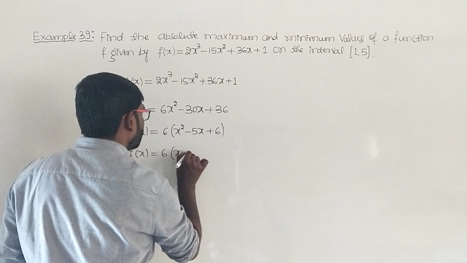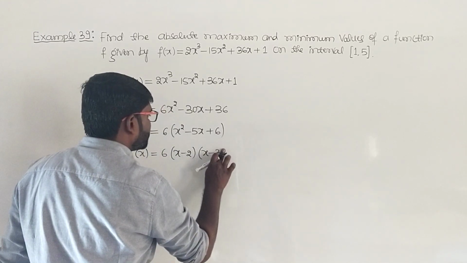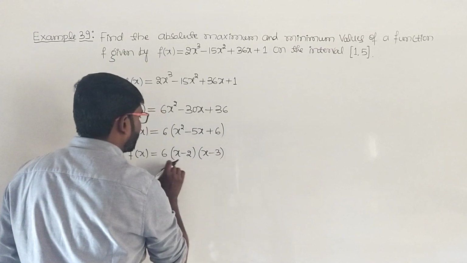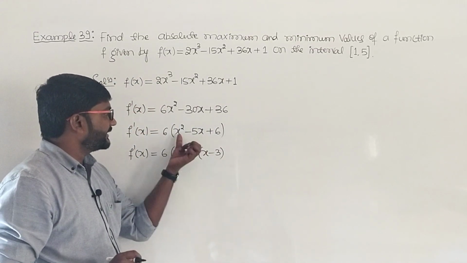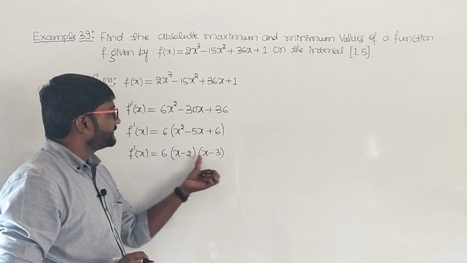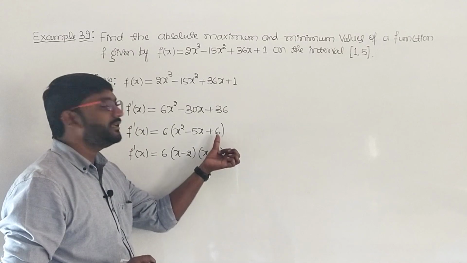Now multiply these two and you get back the previous term: x into x is x square, minus 3x minus 2x is minus 5x, and minus 2 into minus 3 is plus 6.